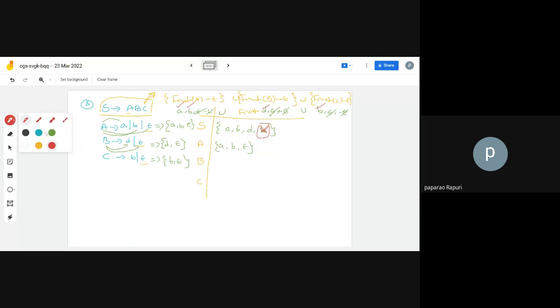And coming to here, d comma epsilon, and here, b comma epsilon. Sir, this set is different and this set is different. That's why there is a b, there is a b, there is a b. That is different. But in the same set, no need to write the same symbol multiple number of times. So this is the way to construct the first set for any non-terminal.